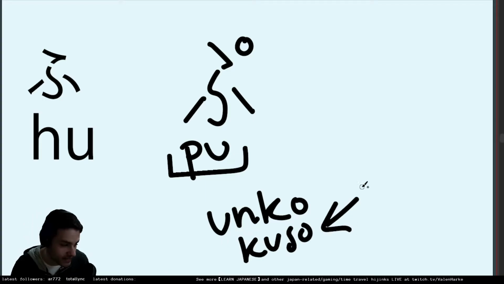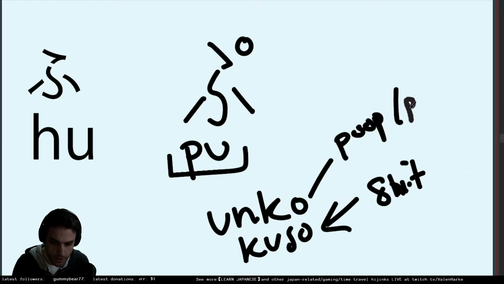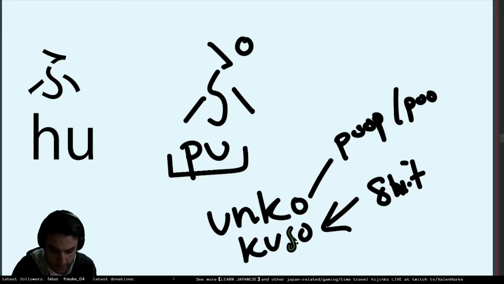This one is more like, literally shit. Okay? And this one is more like poop. Or poo. Okay? This can be used as an expletive. This cannot. This one is for happy fun time children words. This one is not. Okay?